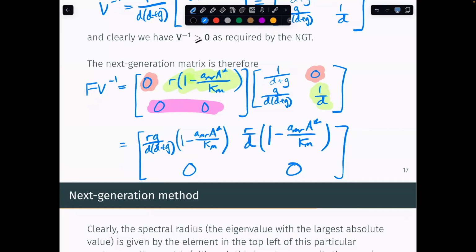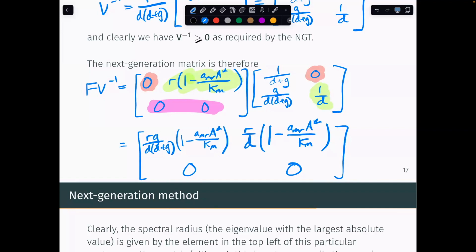It's telling me, okay, young individuals don't directly produce new young individuals. They have to mature first, and that's going to depend on their maturation and death rates. And then once they get there, they're producing them based on this rate, this R times 1 minus A_MR A star over K_M. This term here is saying, given that someone is an adult, what is the lifetime production of young individuals from adults?